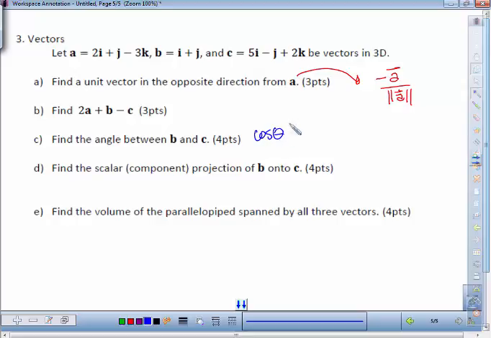Now, there's 2 formulas. I'd prefer you to use the cosine one. I'm just going to simplify this all the way. Just say theta is equal to the arc cosine of B dot C over the magnitude of B times the magnitude of C.